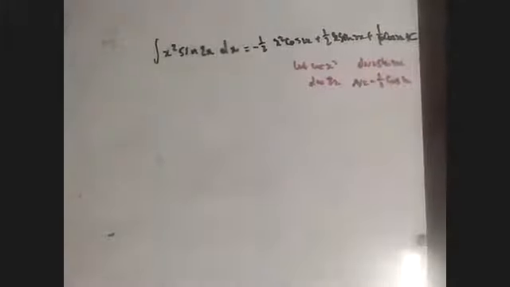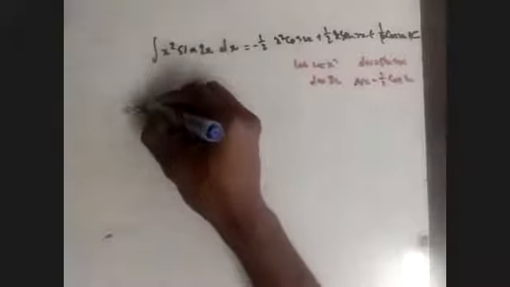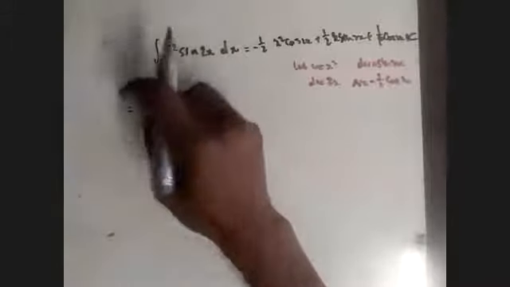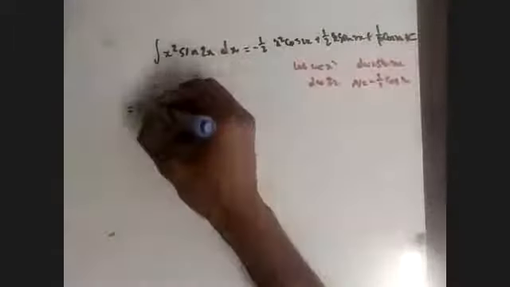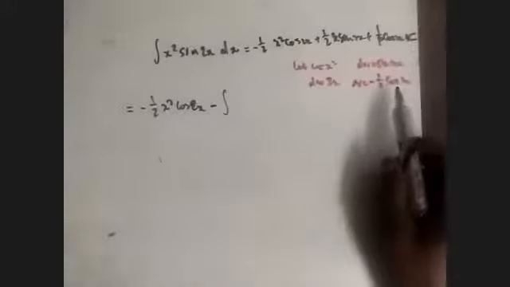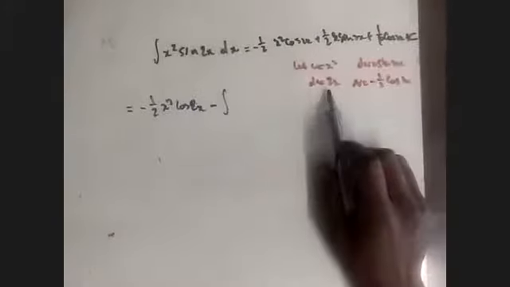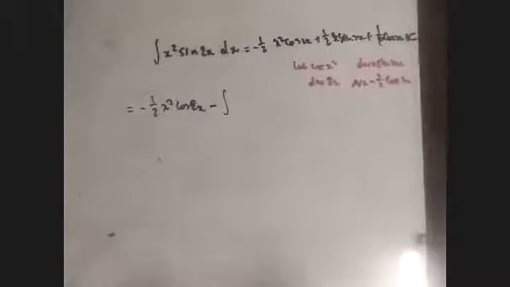Okay, so this hence becomes u times v, x squared multiplied by negative that, so negative 1/2 x squared cos 2x. Okay, so we're going to have minus the integral of this times this.